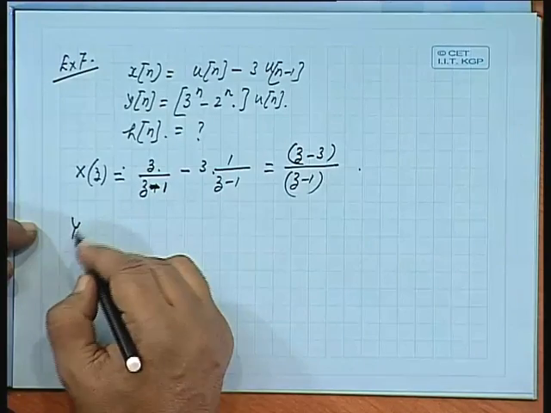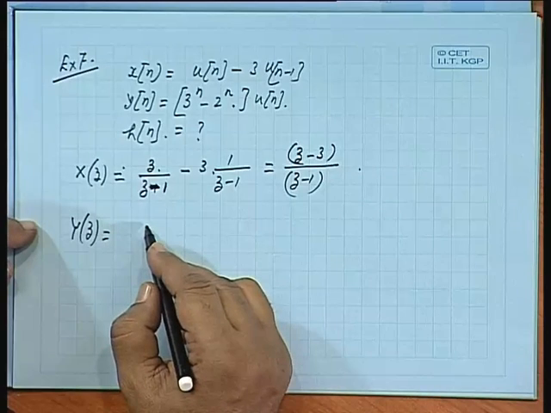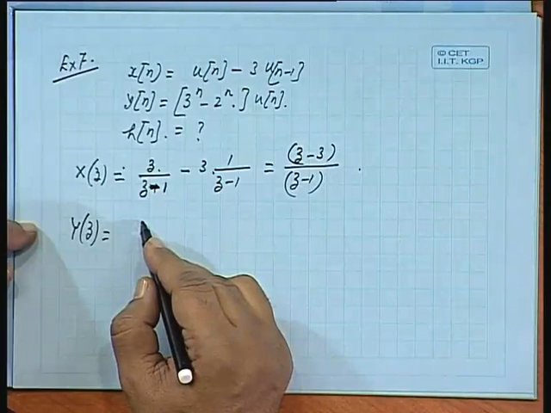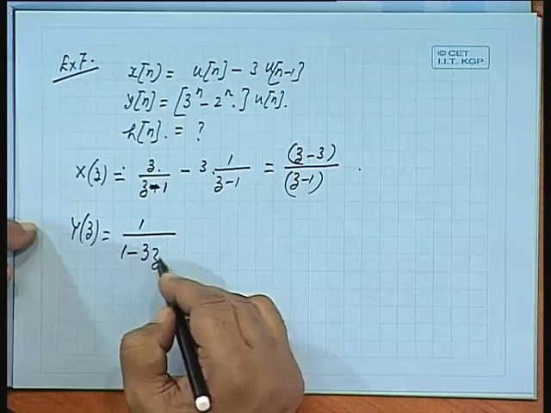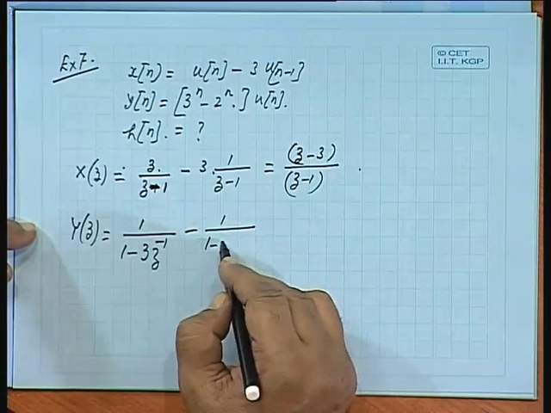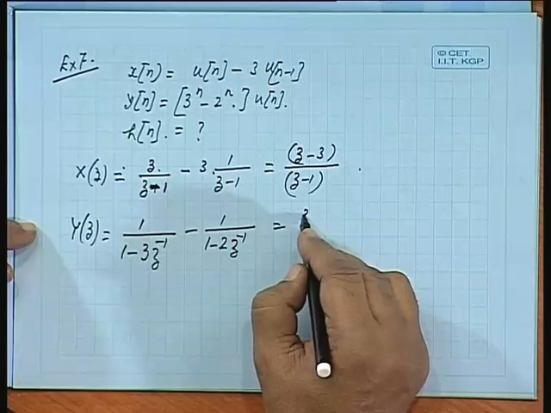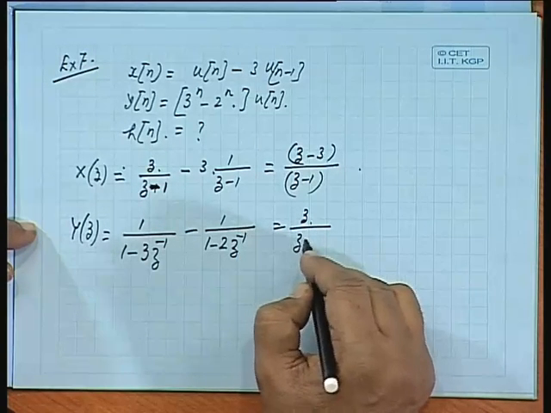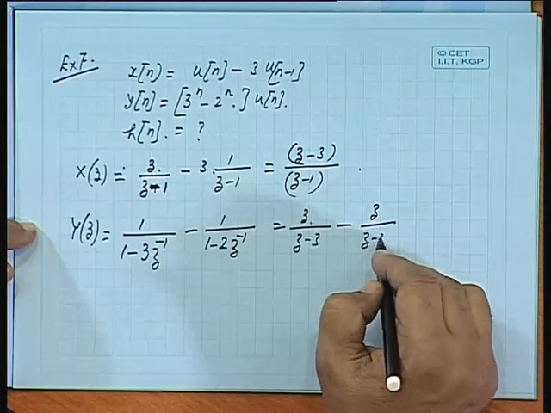How much is Yz? 3 to the power n. So, 1 by 1 minus 3 z inverse minus 1 by 1 minus 2 z inverse, which means z by z minus 3 minus z by z minus 2.